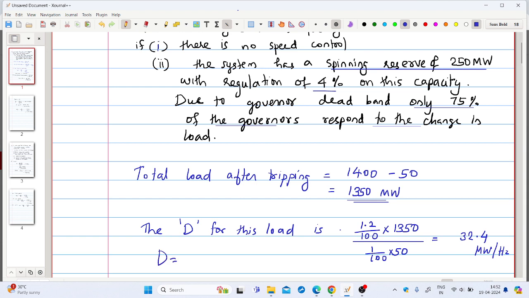D equal to 1.2 means 1.2% change in load for 1% change in frequency. So 1.2% of load, that is 1350, divided by 1% of nominal frequency 50. So we will get 32.4 megawatt per hertz. That is the value of D.